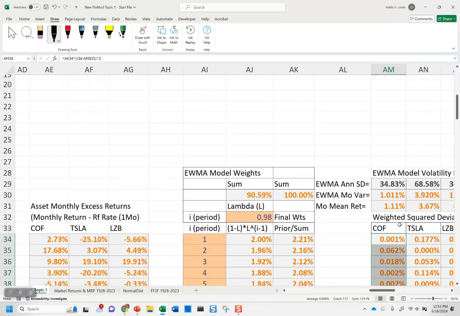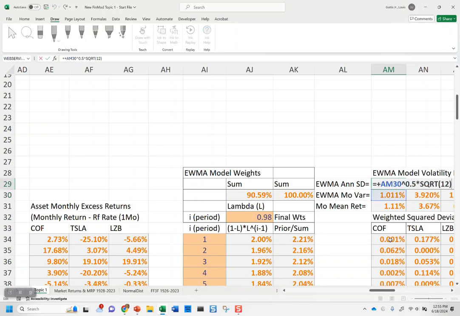Okay, so these are the square deviations from the mean using these unequal weights. If I sum up the square deviations from the mean, that would be the monthly variance. Right? If you sum up each weight times each square deviation from the mean, that's giving you the monthly variance.